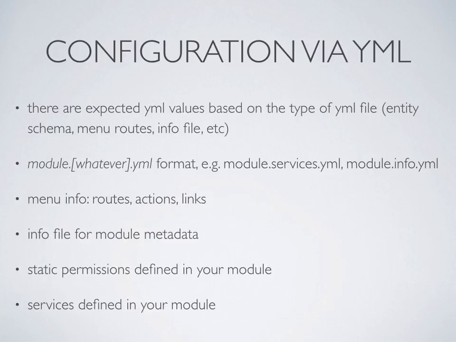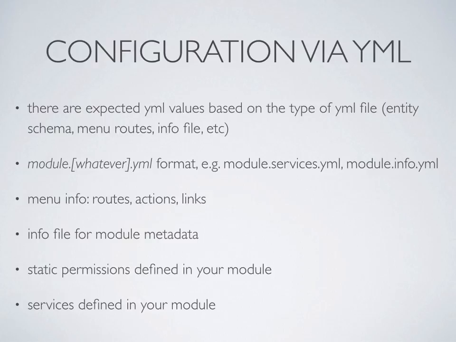So if you're doing settings, it can be very, very basic, like here's my settings, here's a couple fields and values. It's like key value pairs, right? But if you have entity schemas, which is YAML based, those are a lot more complex. So they have field types, they can have sequences, it's a lot more robust and a little bit more difficult to learn, but we'll get to that.